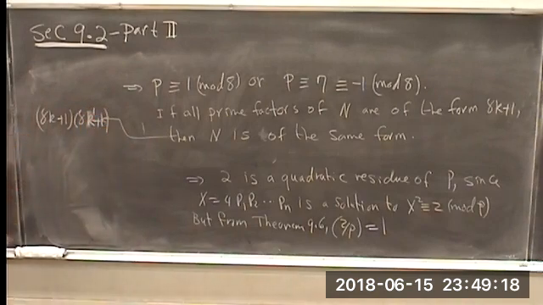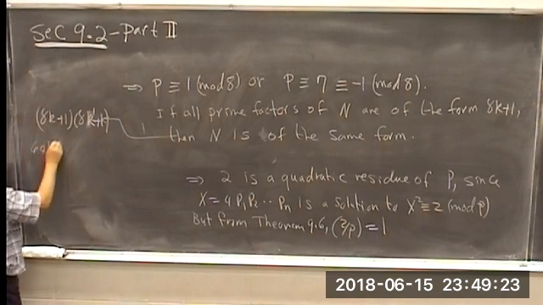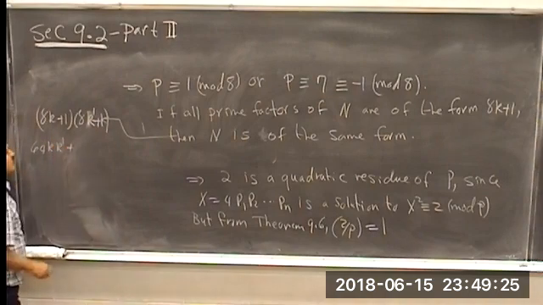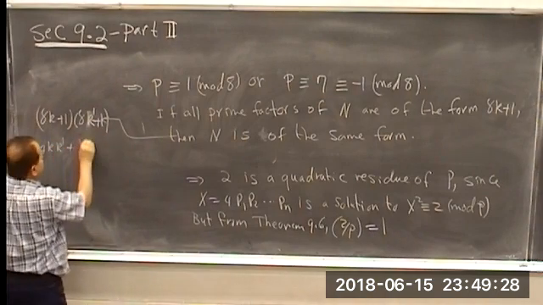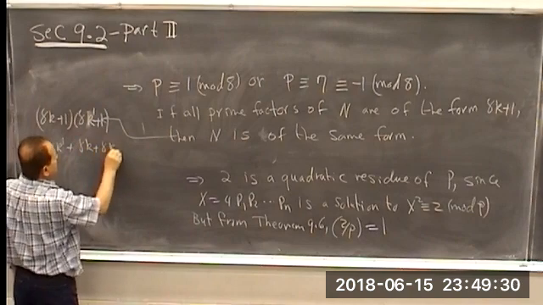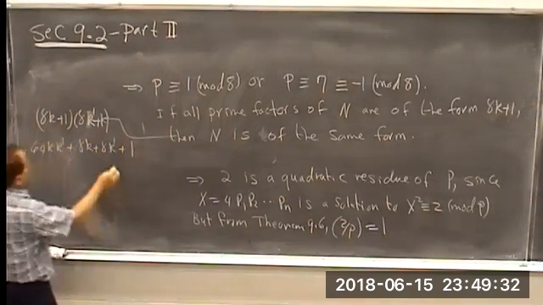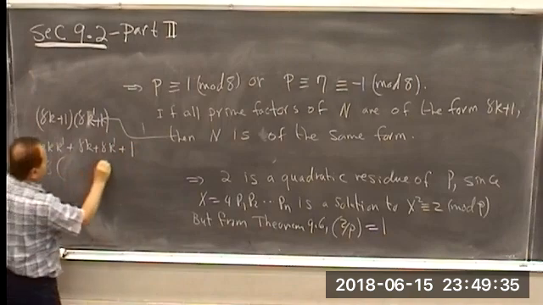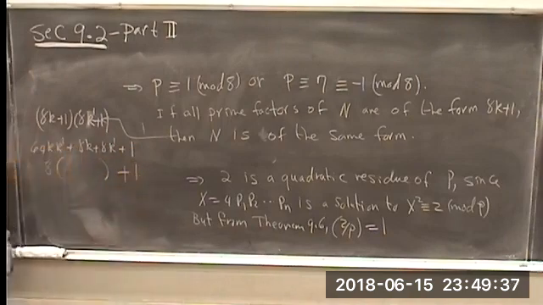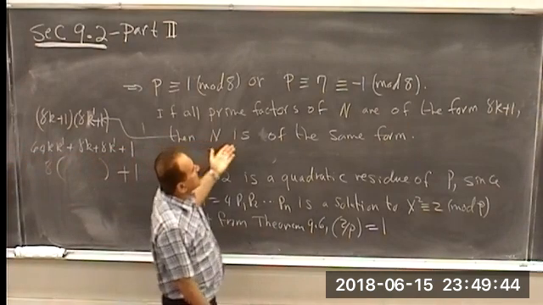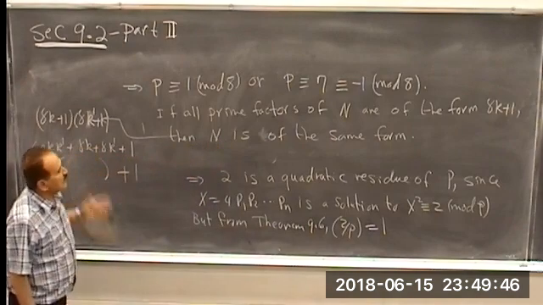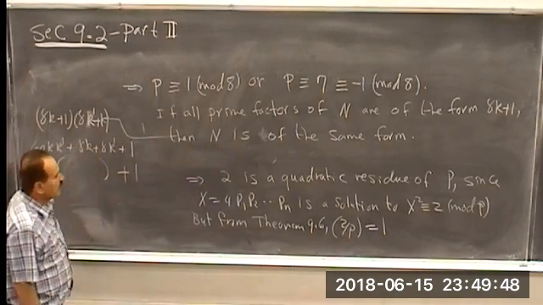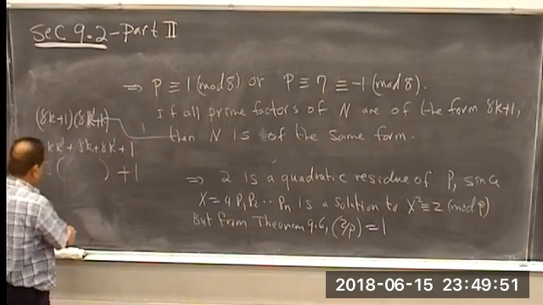It's not very hard to see that when you multiply them, you get 64kk prime plus 8k plus 8k prime plus 1, and you could factor an 8 out of this, plus 1. So you get the same form. If all the prime factors are of this form, then any two of them give you the same form, so all of them give you also the same form.